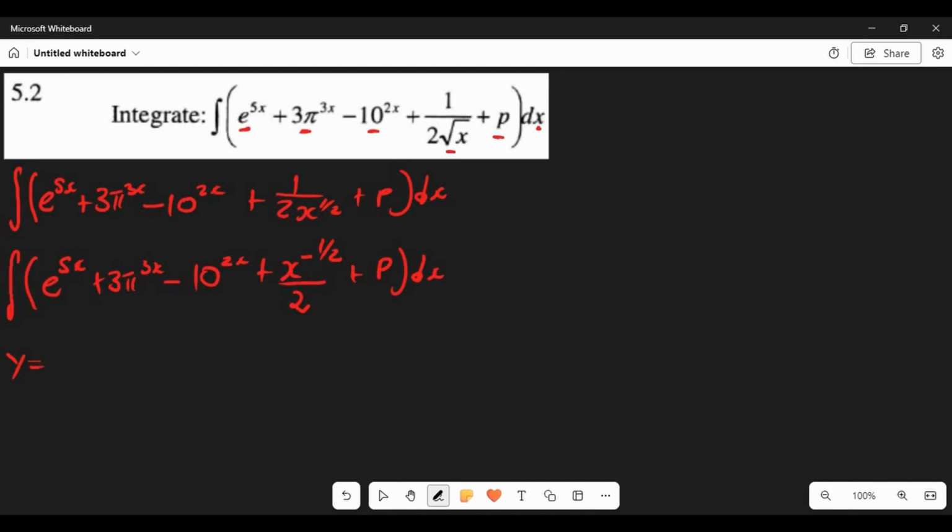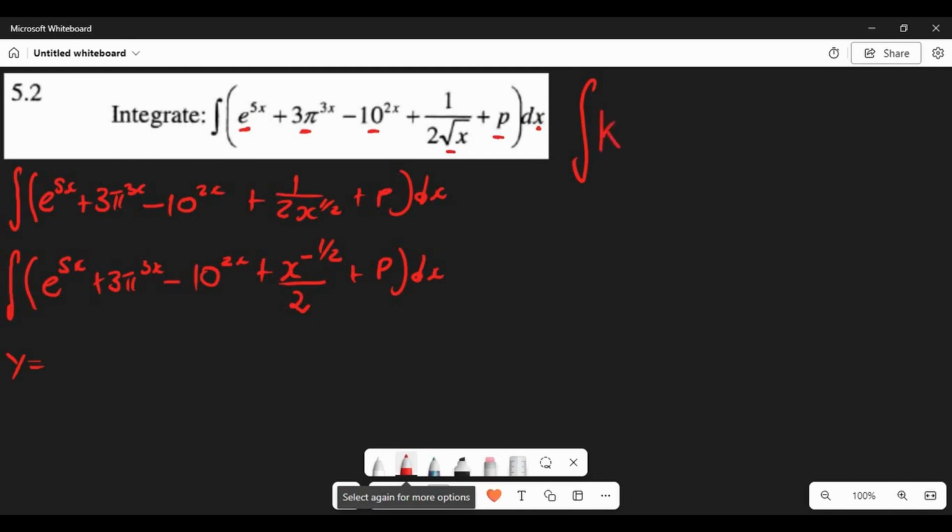Now, remember I said earlier on in this question that the first 3 terms are exponential integrals. Remember, guys, the formula for the exponential integral goes like this: when given k, which is the coefficient of a to the power of nx, when you integrate this, it is going to be k a to the power of nx divided by n natural log a, plus c.